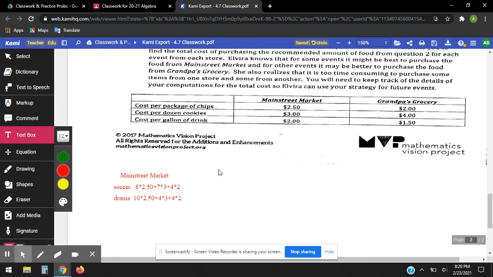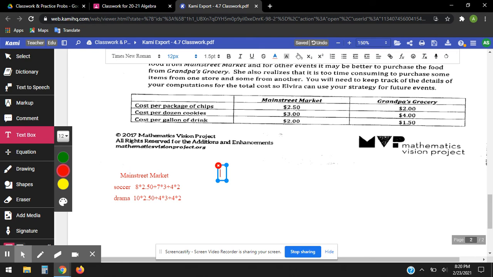Let's go over here and do Grandpa's Grocery, and then we'll show you how we put it together into a matrix. So for soccer, we had 8 bags of chips.